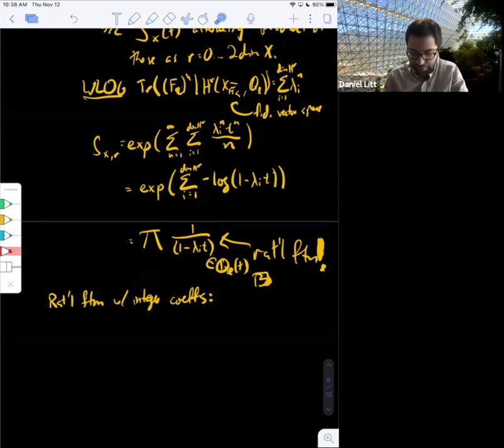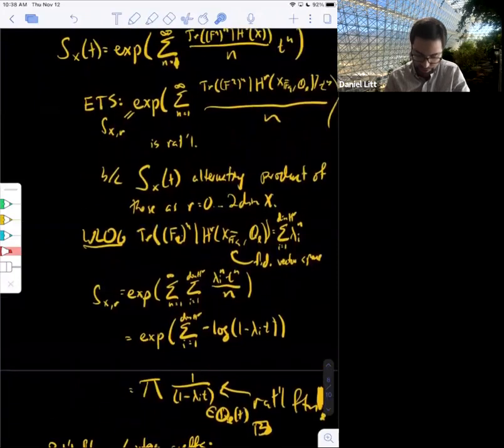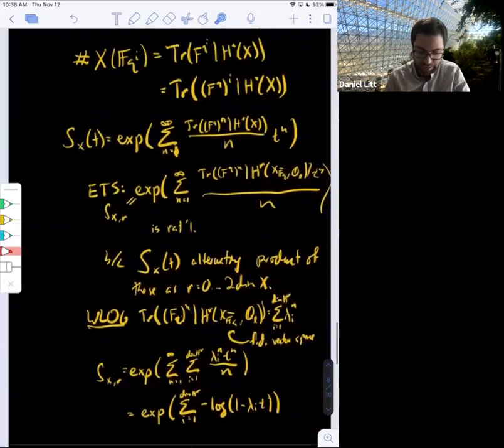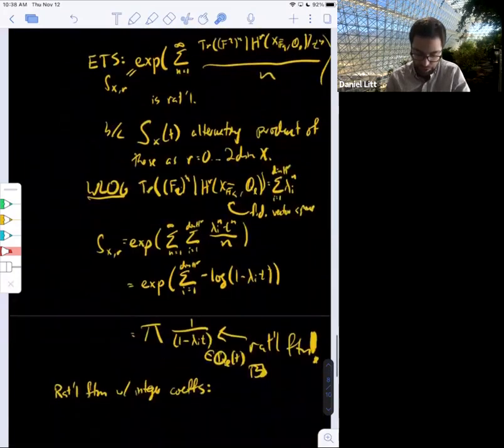But I claim, in fact, they're rational numbers. A priori, we don't quite know this yet, but we'll know soon that this zeta function, zeta_X, we'll see very soon, can be written as a rational function with integer coefficients.